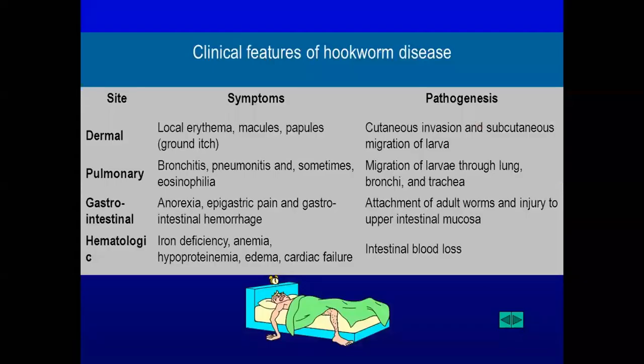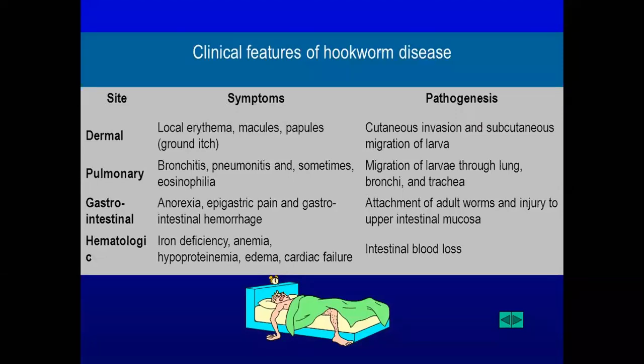For the clinical features of hookworm disease, they are usually different at different sites. On the skin, there could be local erythema, macules, papules, ground itch, cutaneous invasion and subcutaneous migration of larvae, through lung, bronchi, and trachea.